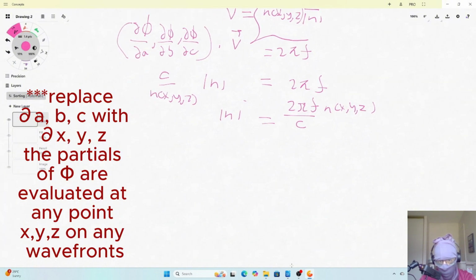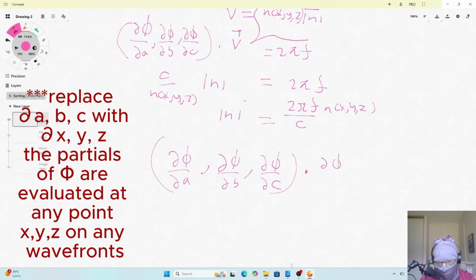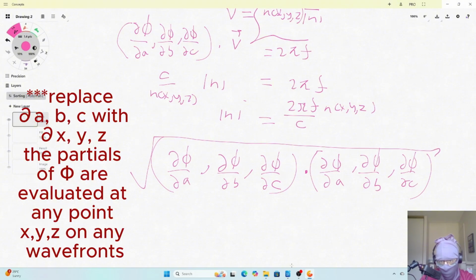So the differential equation is, where this is the refractive index.